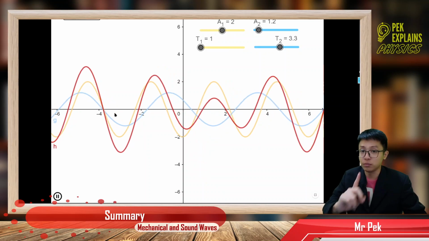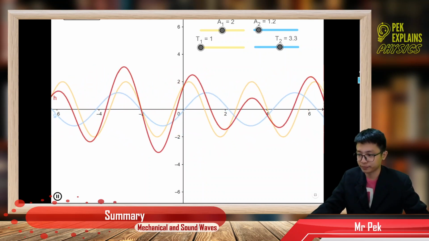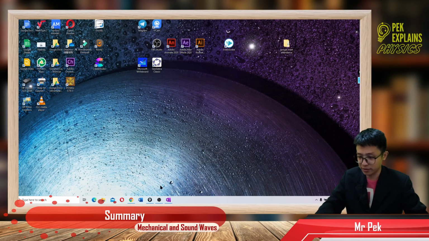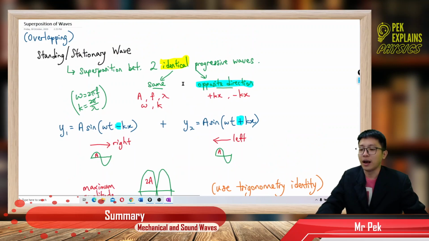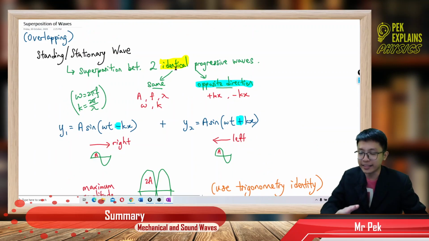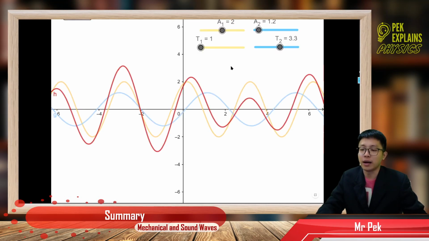How to produce it? As I said before, what's the condition? These two waves must be identical in terms of amplitude, frequency, and lambda. So to produce a stationary wave, we must make their wavelength equal, right?